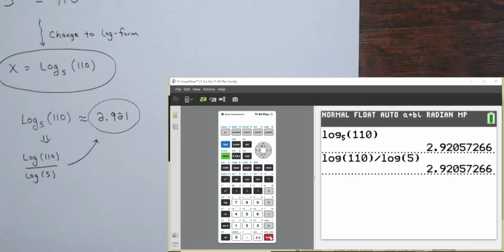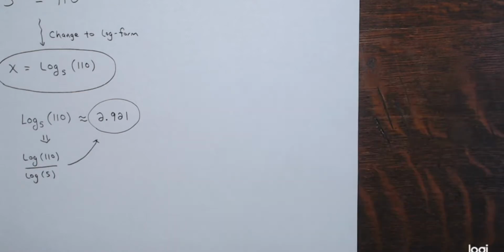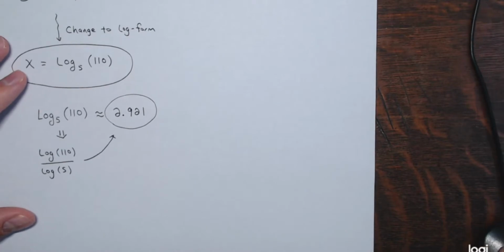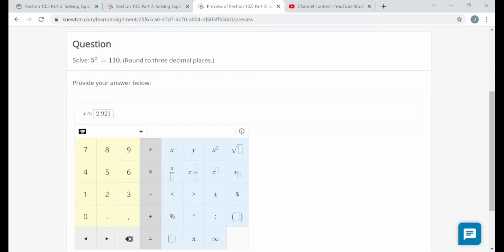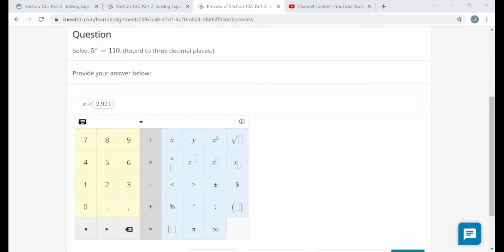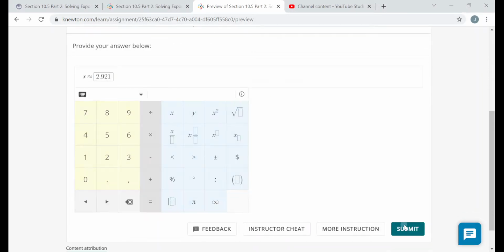Or I could have done natural log, ln. Either way, the value of x here ends up being 2.921 when rounded to 3 decimal places. And you can check it too by plugging it back in and seeing if the statement's true, but I feel like I'm doing everything right here. So back in the assignment, I've entered 2.921 in the slot.